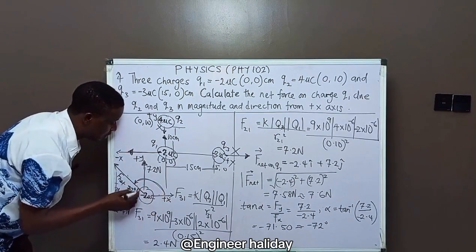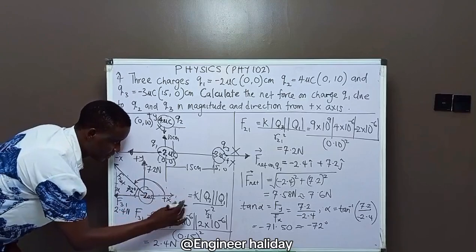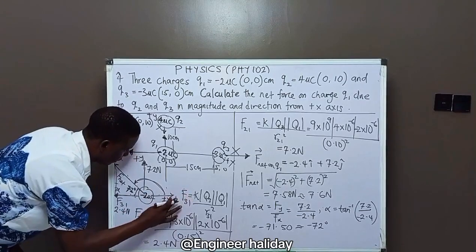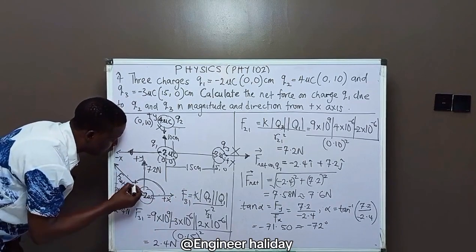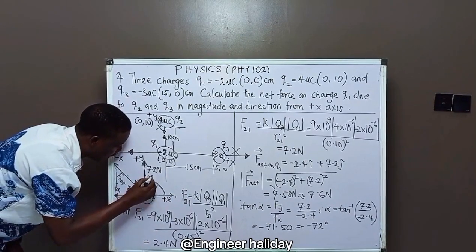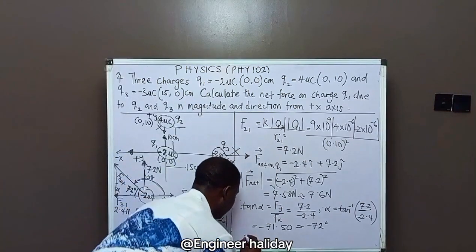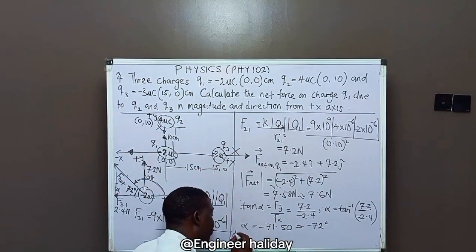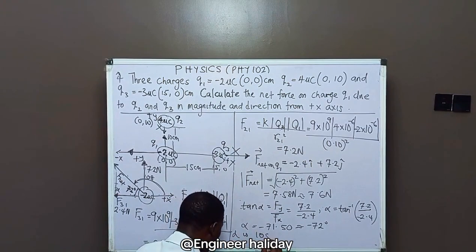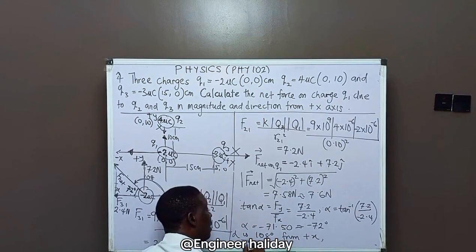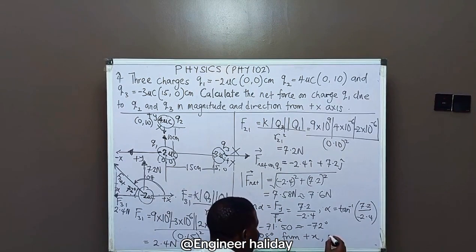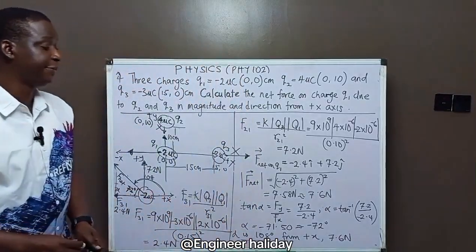Angle on a straight line is 180 degree. So if you remove 72 from 180, what do you have? 108. So our answer for alpha is 108 degree from the positive x-axis, while the magnitude is 7.6 Newton.